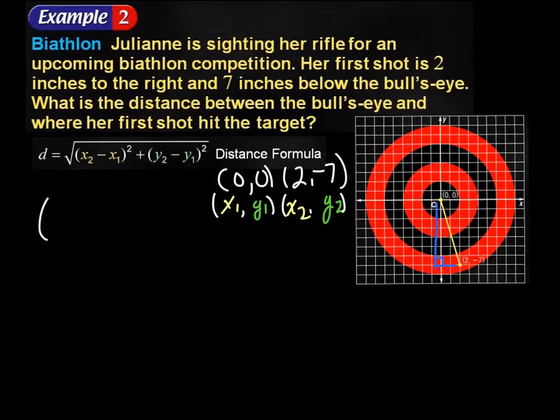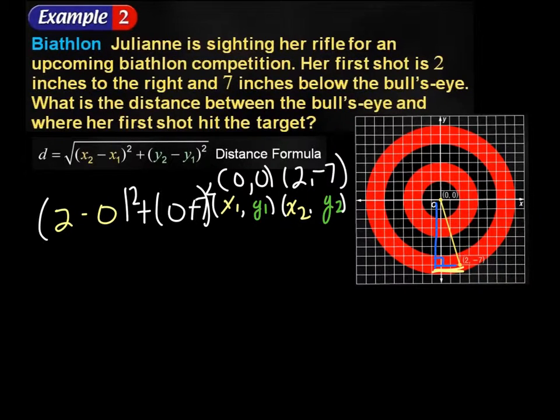We could count squares and see that the difference in the x's is going to be 2, or we can use the formula, plus the difference in the y's. I can count squares and see it's going to be 7, or use the formula, minus -7.